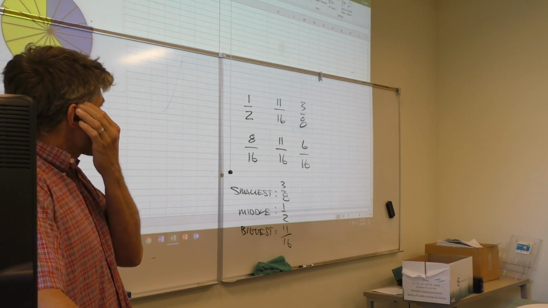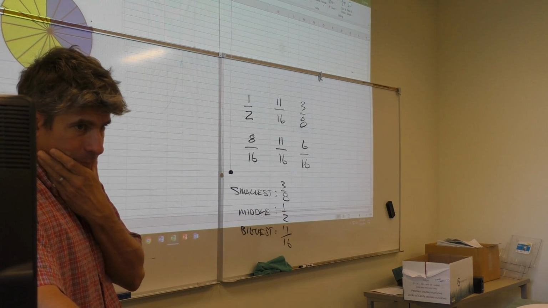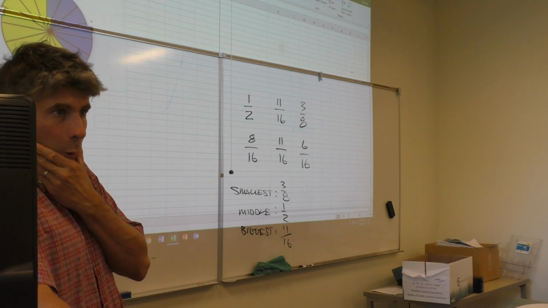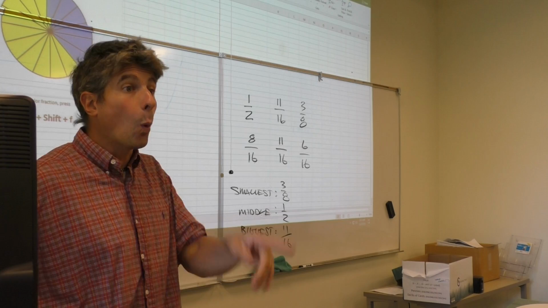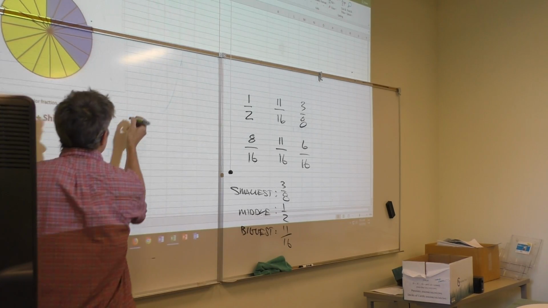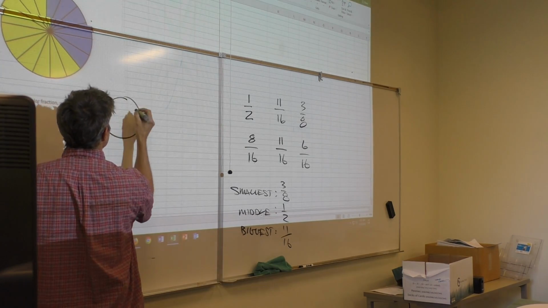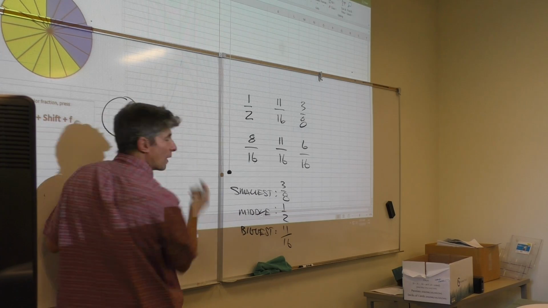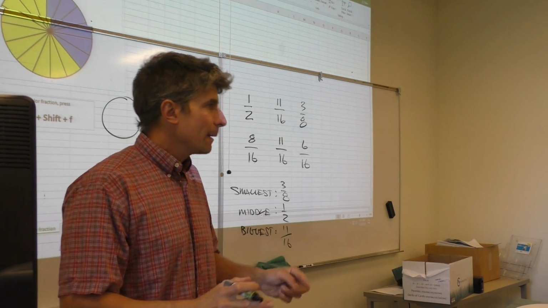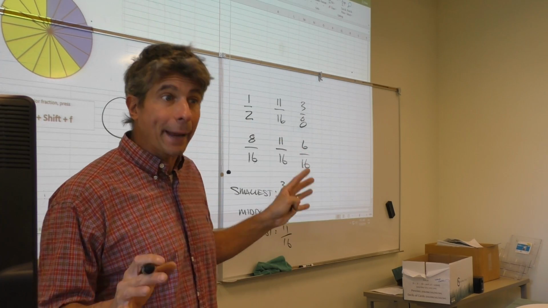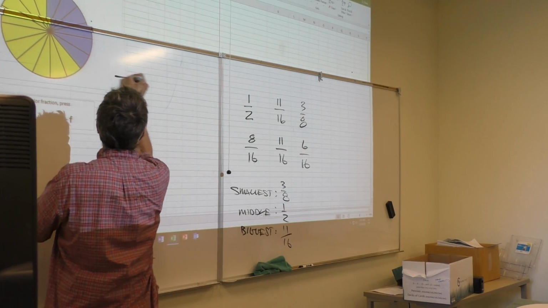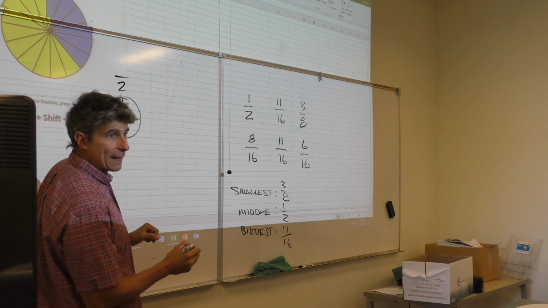So Ellie said the smaller number on the bottom means the bigger portion. That is true, and I'm going to draw a picture to show you why. All of a fraction, at the end of the day, is taking a circle and breaking it up into equal pieces. If you are breaking something into 2 pieces, it looks like that.